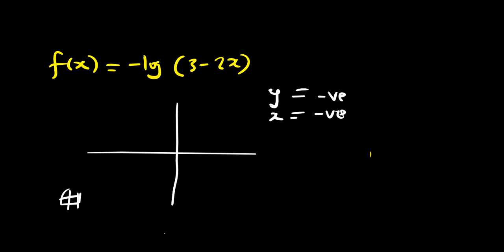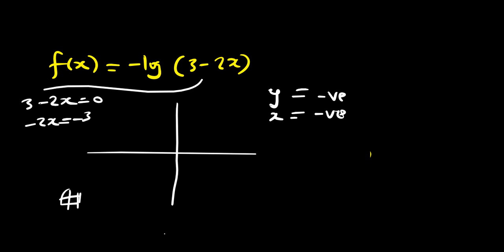Yes, we have to get what is in the bracket and equate it to 0. So 3 minus 2x is equal to 0. So I'm going to have negative 2x equal to negative 3. So I'm going to divide by negative 2 on both sides. Therefore, x will be equal to 3 over 2.